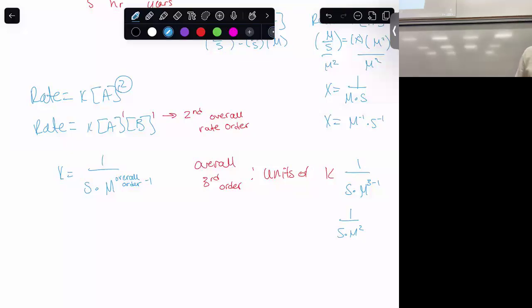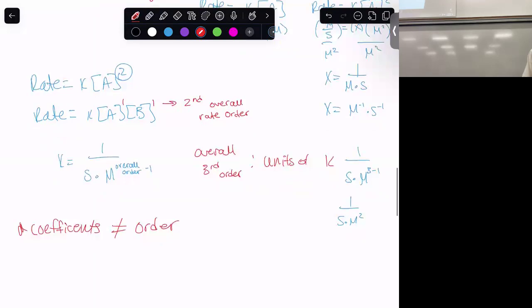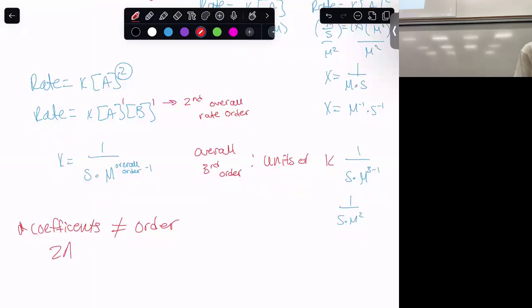And then the most important thing to note from this is that your coefficients do not equal rate order. So if you have 2A plus B goes to C, right? Then your rate law does not equal K times A squared times B. That doesn't happen.